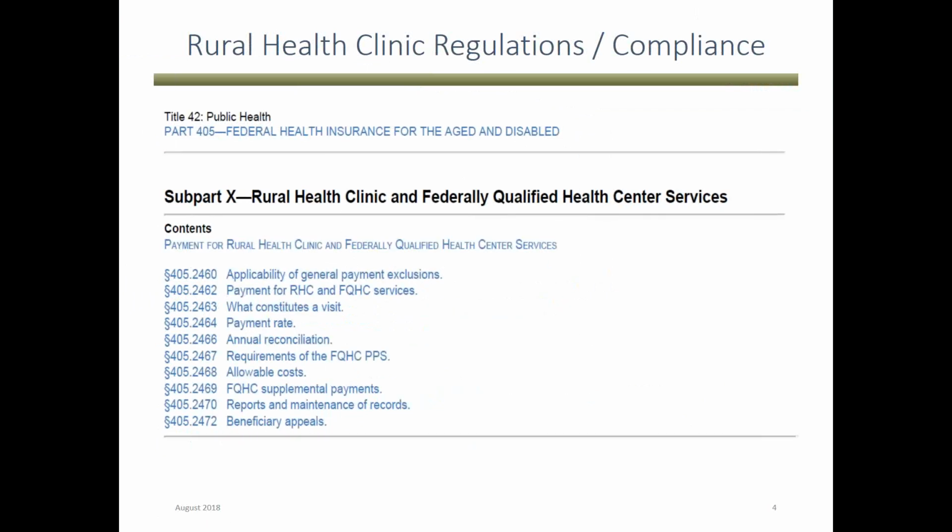Further here, payment for the service, what constitutes a visit. So essentially all of the general rules that you would be looking for regarding RHC status would appear in Title 42, Part 405 as shown here, and I'll give you a link to that a little bit later in the webinar.